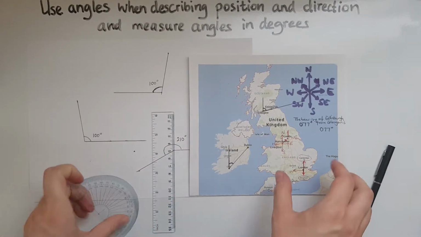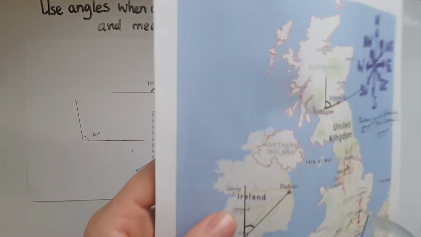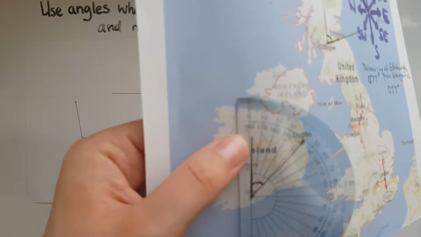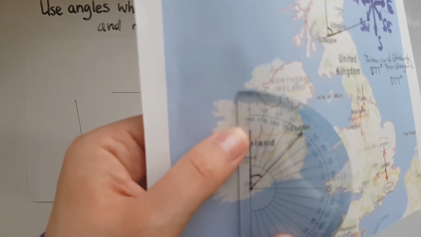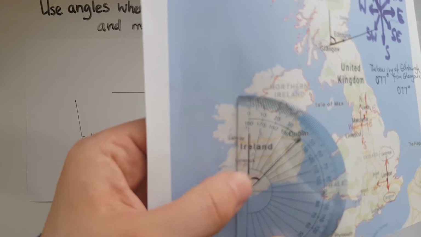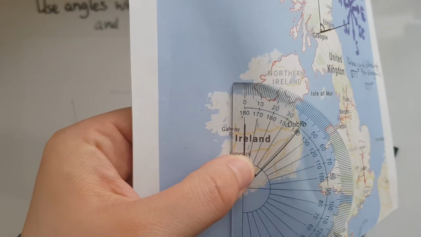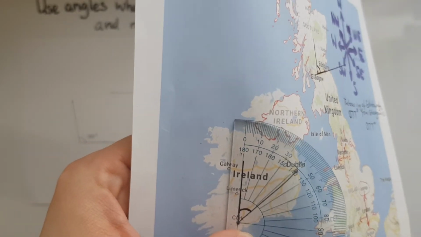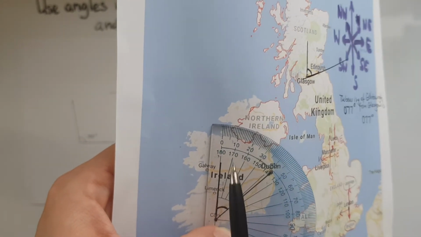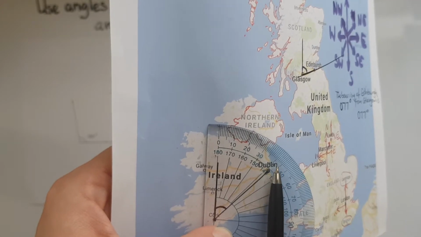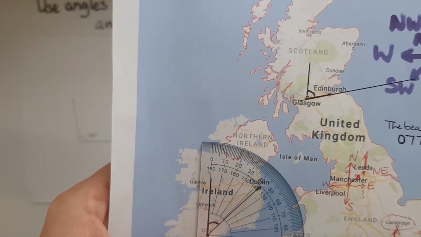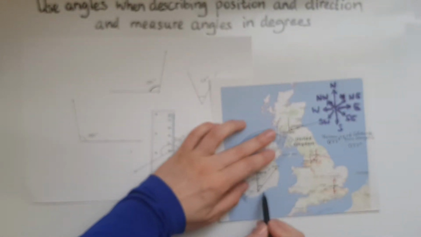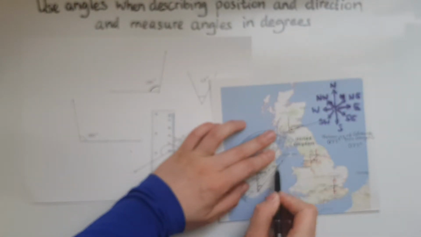So again, I'll take my protractor and align it. There is the angle that I need to measure, aligned, starting from 0. Again, I need to make this line a bit longer so that I can work out precisely the number of degrees or read the measurement.